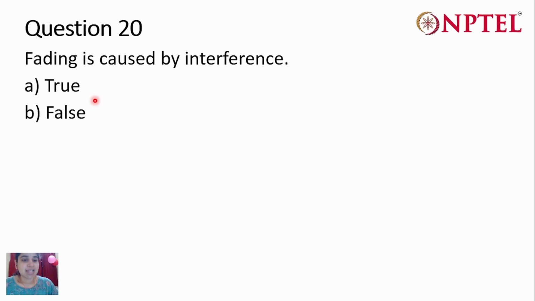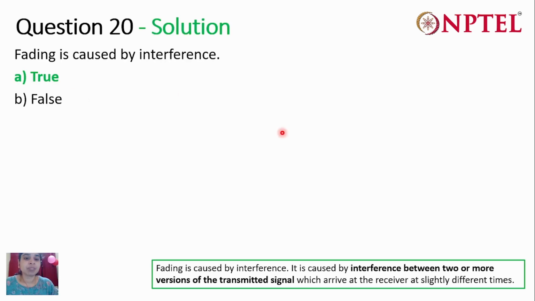It's kind of like interference. Yes. So fading is basically the constructive or destructive interference of the multiple signals from the scatterers, or the signals from multipath. Basically it is caused by interference between two or more versions of the transmitted signal that arrive at the receiver at slightly different times. Basically multipath.